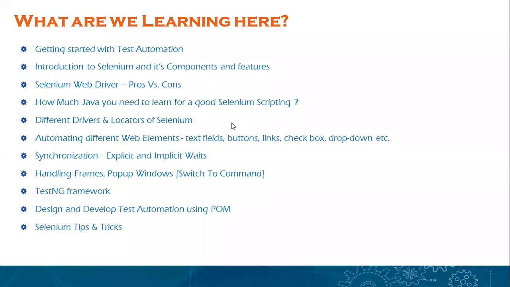We discussed what is Selenium. I started from the very basics, like what is automation, what is test automation, and when it comes to Selenium, what is Selenium, what are the different components it has, and its pros and cons, the different advantages we have with Selenium WebDriver, and all those things. And also I gave the details about Java, like how much Java is generally required for our Selenium test automation.